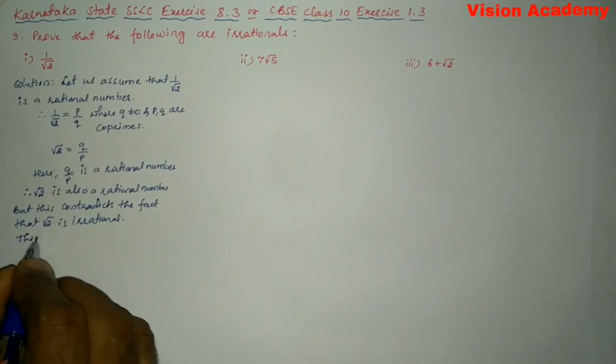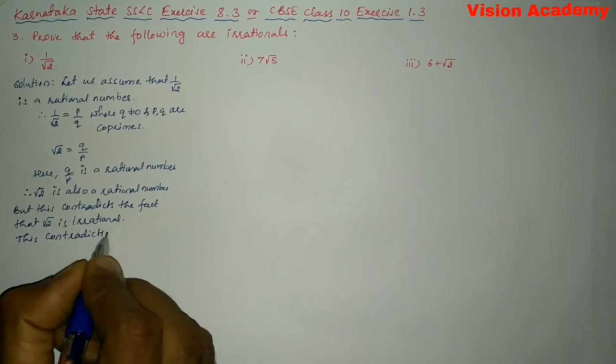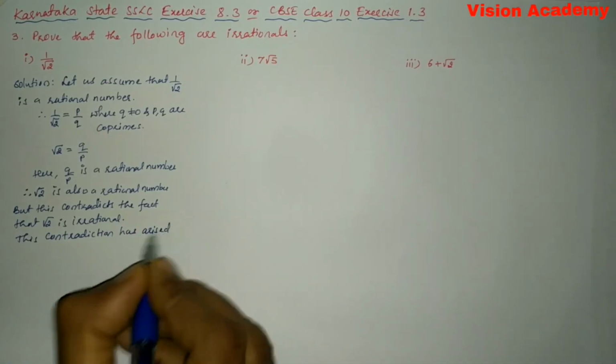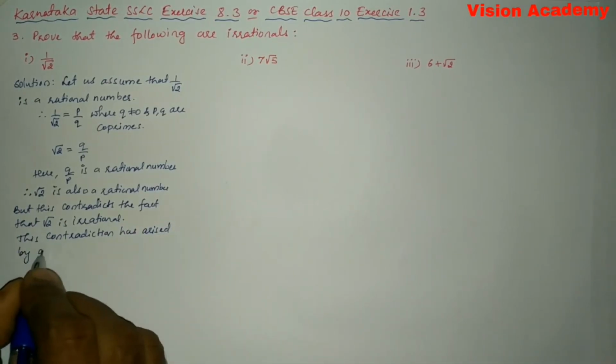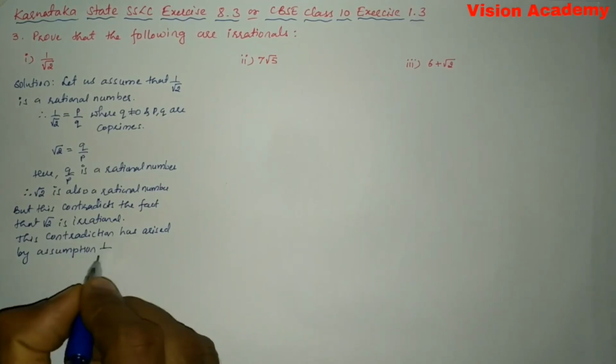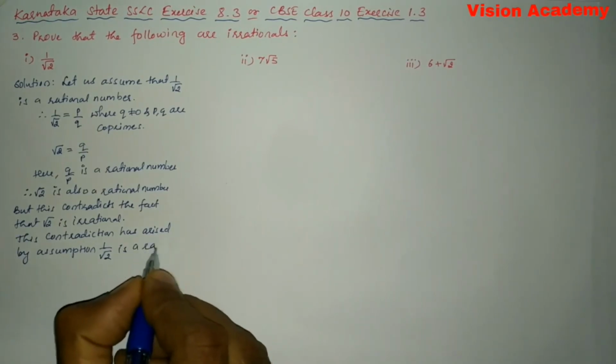This contradiction has arisen by assuming 1 by square root of 2 is a rational number.